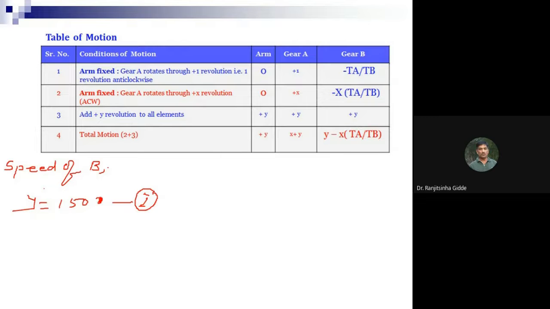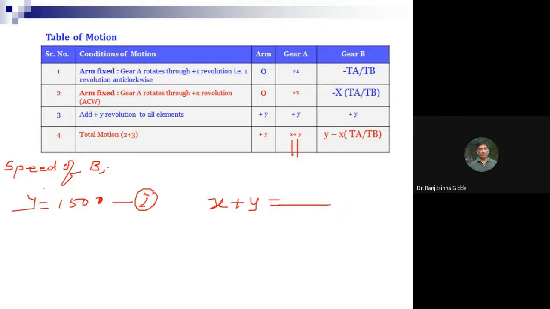Instead of fixed, gear A is rotating at 300 rpm. So what is the total motion of gear A? x plus y. So we are going to write here x plus y is equal to 300 rpm in the clockwise direction.